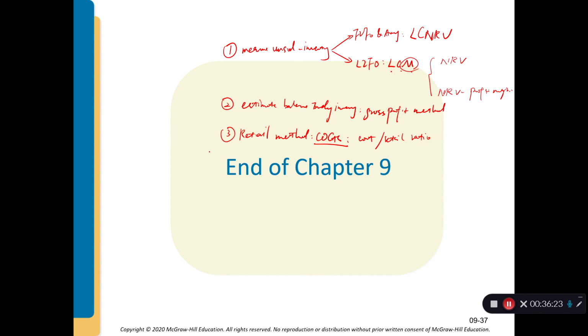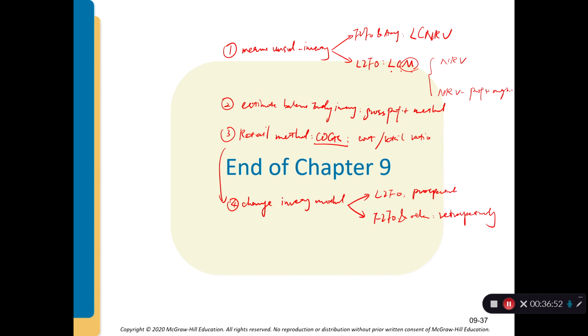Okay. So, and then we went on to how, if you wanted to change the inventory method, what do we do? And we said that on the FIFO method or any other method, we want to use a retrospective approach. And then on the LIFO method, we apply it prospectively, which means just going into the future.